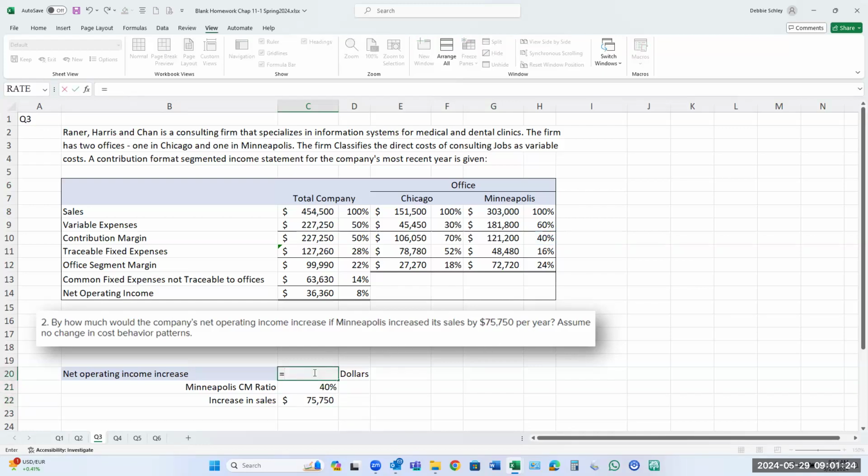The reason this works is because all the expenses are already covered. So anything added to contribution margin gets added directly to our profit or our net operating income. Because I know that contribution margin ratio for Minneapolis, I know that 40% of this increase in sales is contribution margin. And because my expenses are all covered, that means my net operating income is going to increase by that amount.